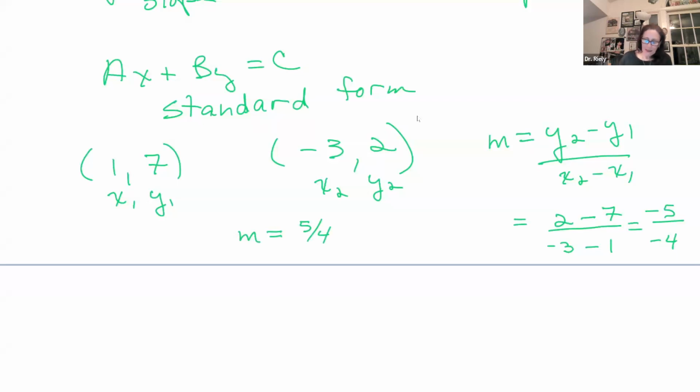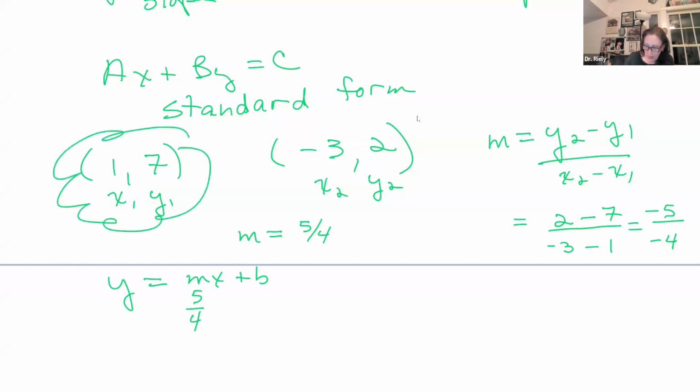So that means if I said to you, okay, I want the line in this form, you currently have this. So to get your y-intercept, what you would do is take one of the points. So let's say I take this one and temporarily plug it in for the x and the y so that you can solve for the b.